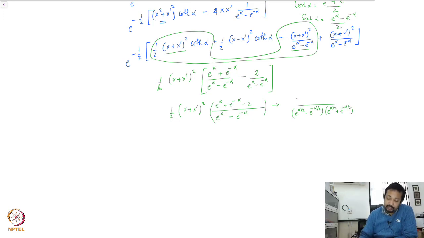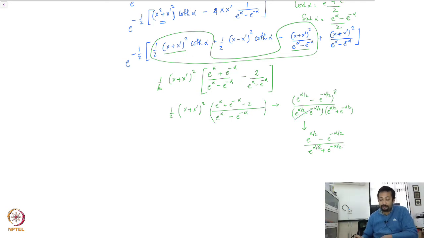The numerator is (e to the power alpha by 2 minus e to the power minus alpha by 2) whole square, so one factor cancels, and this quantity is tanh of beta h bar omega by 2.